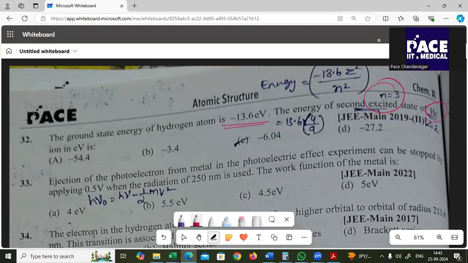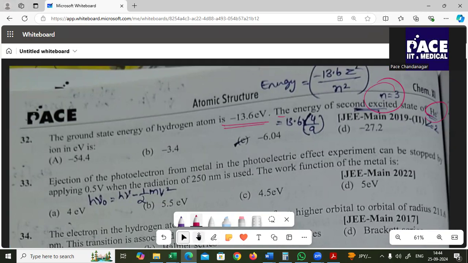For helium, energy is what? Minus 13.6 Z square by N square. Z stands for atomic number. Atomic number for helium is 2. Therefore, it is 4, Z square by N square. Done. So this calculation will give you the answer.